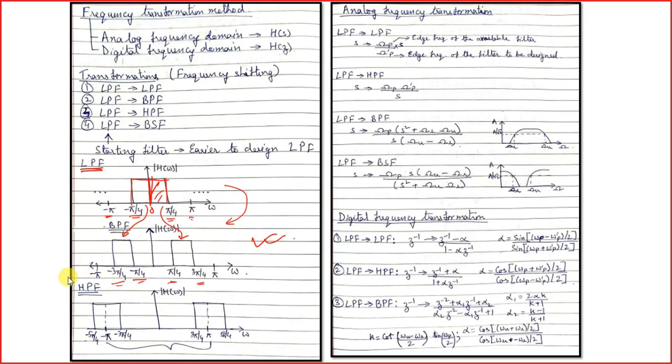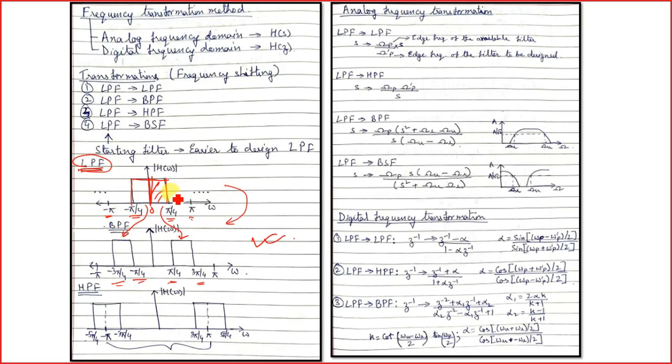So how is this possible? This is possible because when you are talking about low pass filters in the digital domain, or even in the analog domain, we said that the frequency response repeats itself.